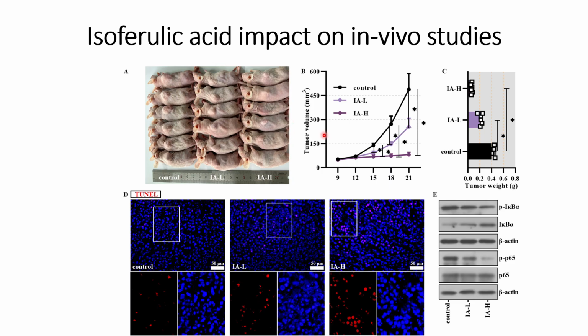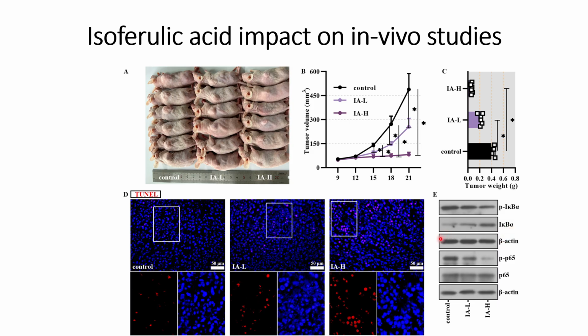So to see whether this is also happening in the in vivo studies or not, they checked the factors for the NF kappa beta pathway, that is phosphorylated IK beta alpha, and they see that the signals for phosphorylated IK beta alpha go down along with P65. All of these results are in line with their observations in the in vitro studies.